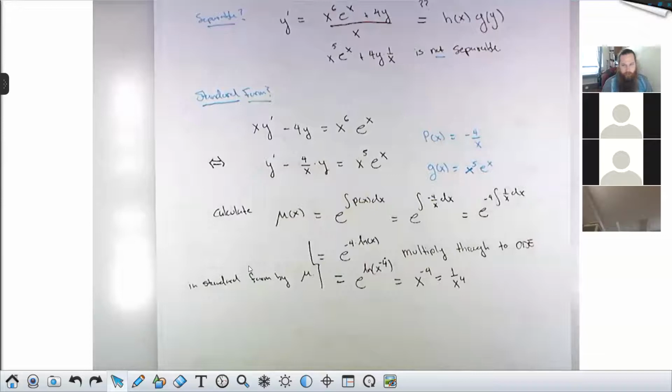Sorry about that. So when we calculated our integrating factor, we got this. Using rules for logarithms, you bring the negative 4 inside the ln. And then e raised to the ln of something is just that something. So this integrating factor, mu of x, is really just 1 over x to the 4.